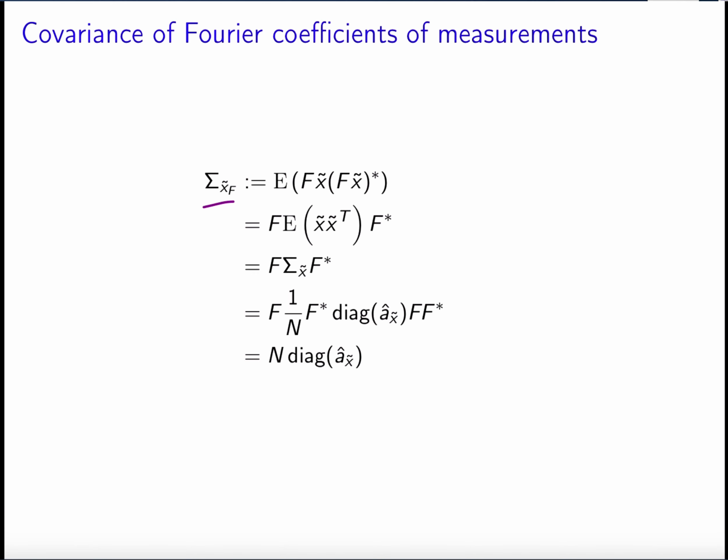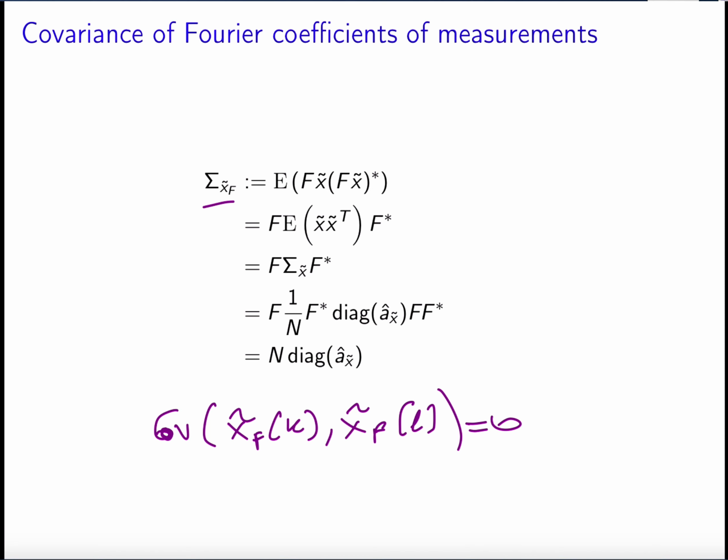That's not immediately obvious. Under stationary assumptions, if you take the covariance of the kth and the lth DFT coefficients of a signal that is wide-sense stationary, this is going to be 0, because this guy is diagonal. So the off diagonals are 0.